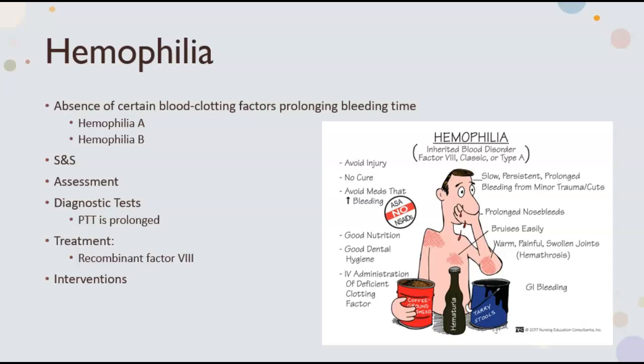Treatments will be transfusions and administration of factor 8 or 9. There are three kinds of treatments that we'll talk about. The first one is cryoprecipitate, which is factor 8.